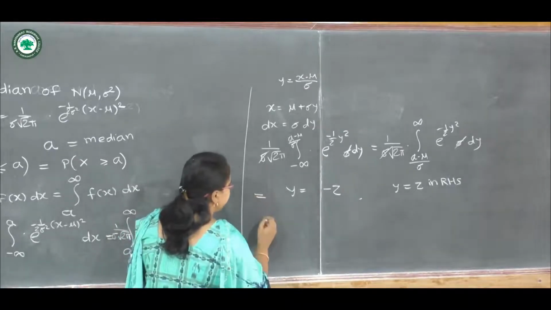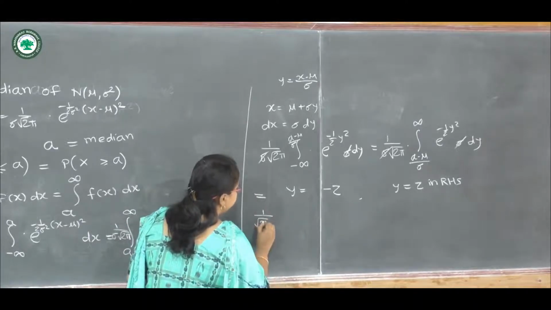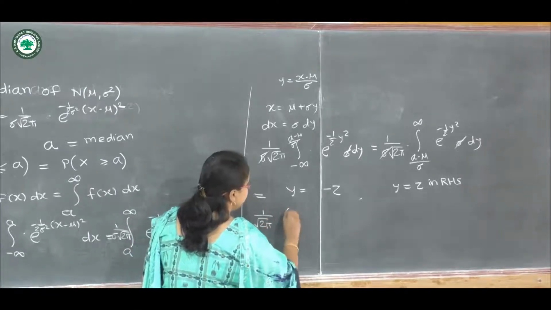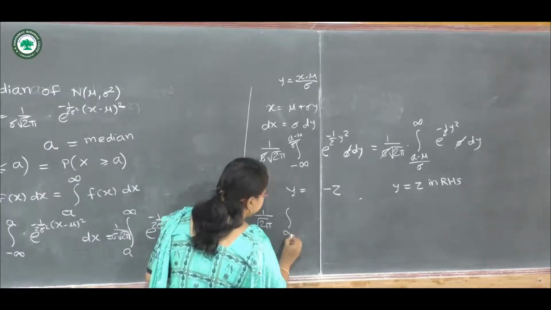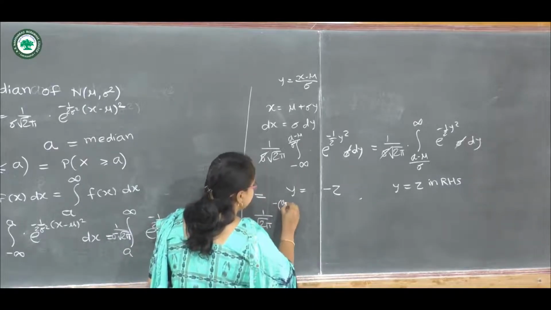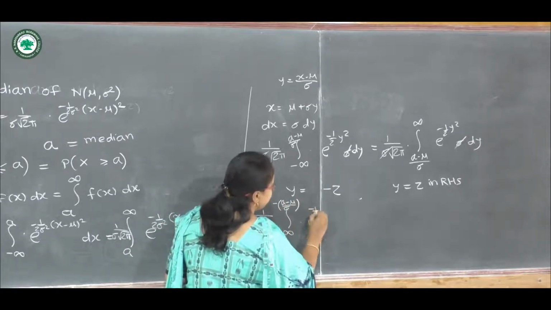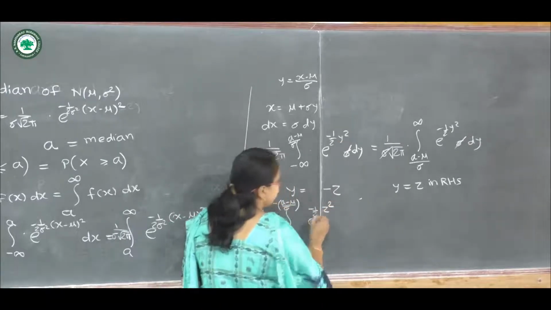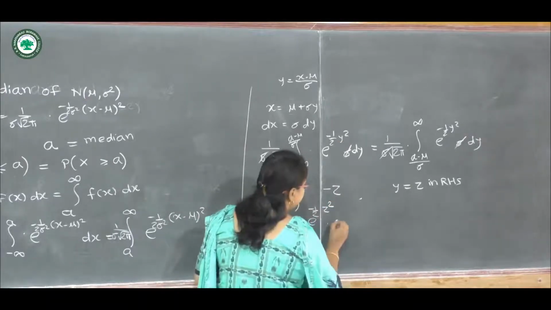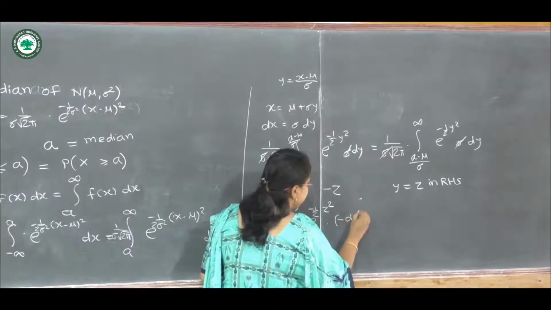So here it will be 1 upon root 2 pi into integration. Here the range will be from infinity to minus (A minus mu upon sigma) into e raised to minus 1 upon 2, here y equal to minus z, so it will be z square into minus dz.